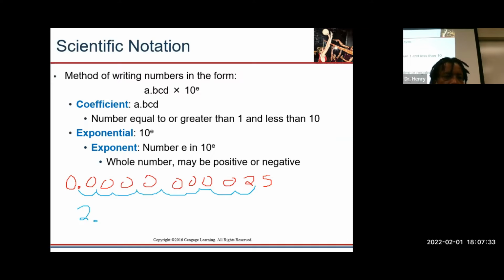Then we put that decimal, and then we put the numbers that will be following that. If it's just one number, then we don't have to put that one number that's following it. If it's 5 numbers, then we'd have to put 5 numbers that would be following. And then we went over 9 spaces. So since we went over 9 spaces, we'd put -9. Now that minus lets us know that our number is a very, very, very, very small number.